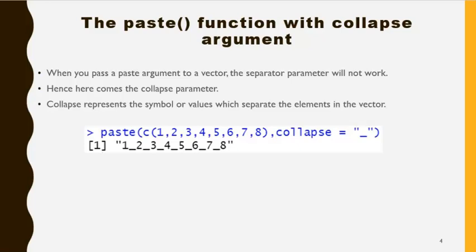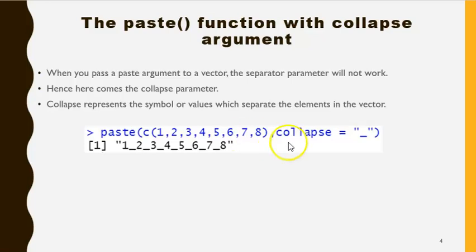But when you are giving a vector as the input to paste, when you want to connect them, you need to specify how you want the things to get connected, what you want the separator to be.